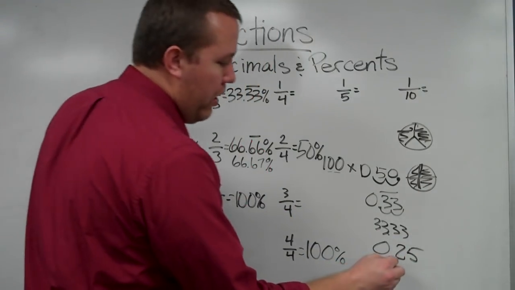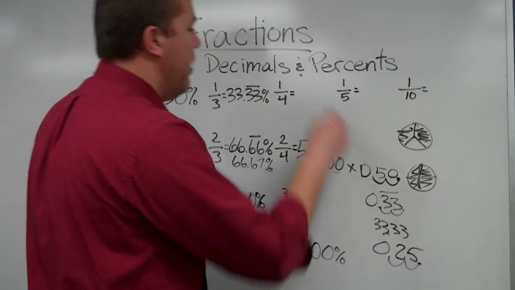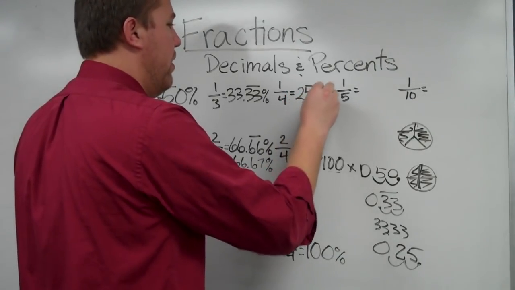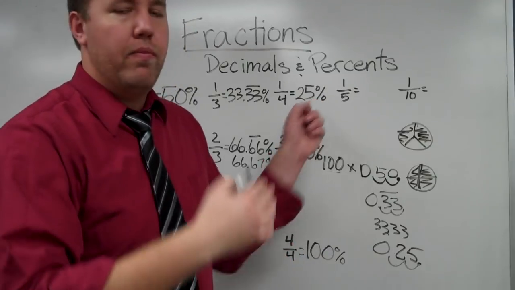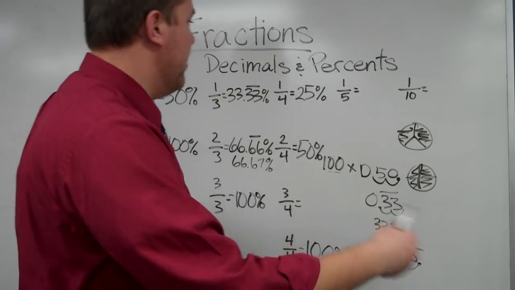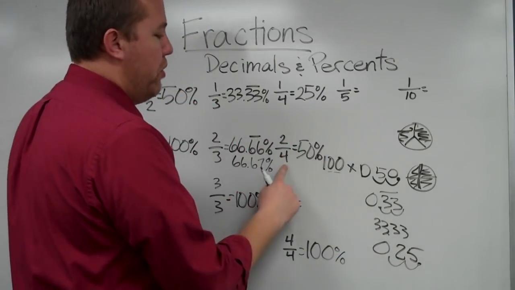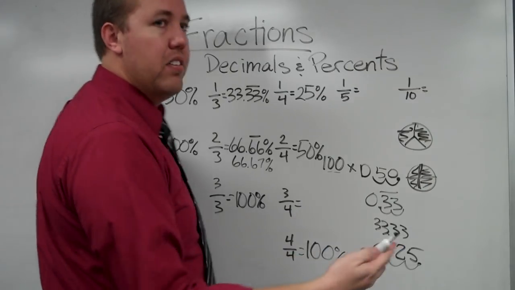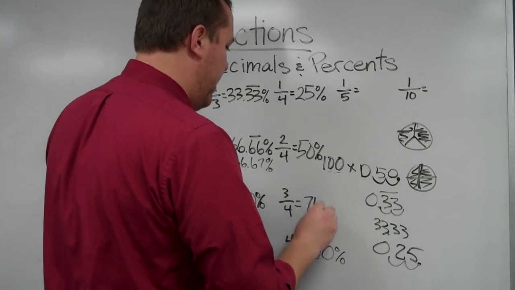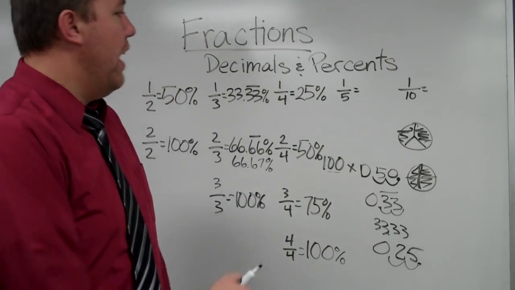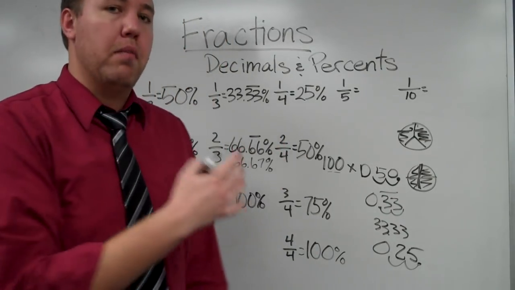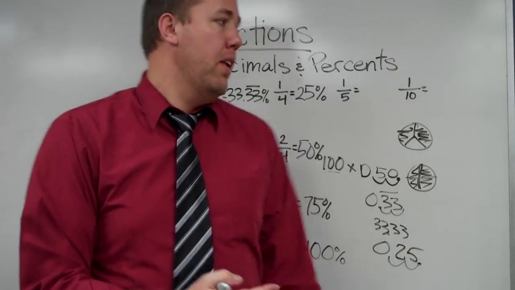So I times that by 100, I move the decimal place twice, and I get 25%. Now if I'm counting by 25%, quarters, you can think of that as cents, things like that. 1/4 is 25, 2/4 is 50, 3/4 is 75. Okay, 75 out of 100, 75%. So every time we're talking quarters, we're talking about 25% of the whole.